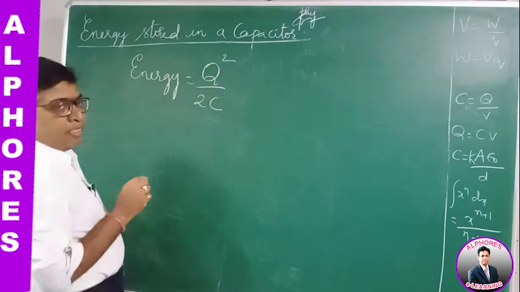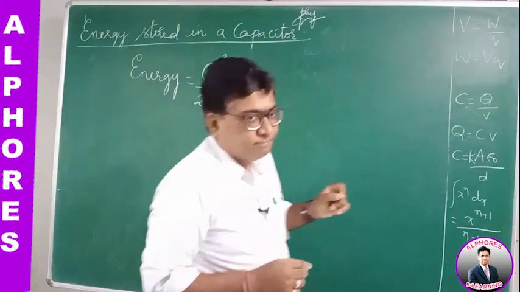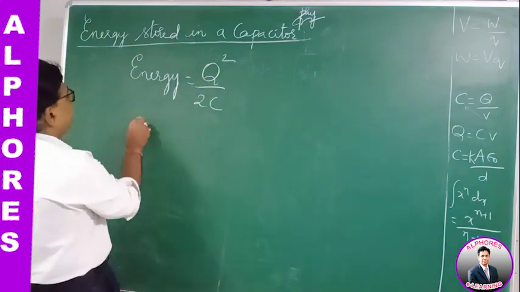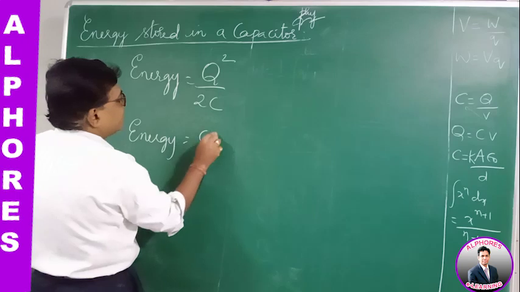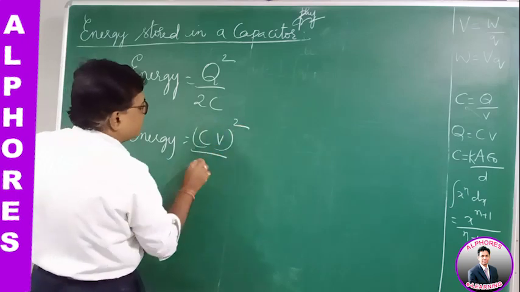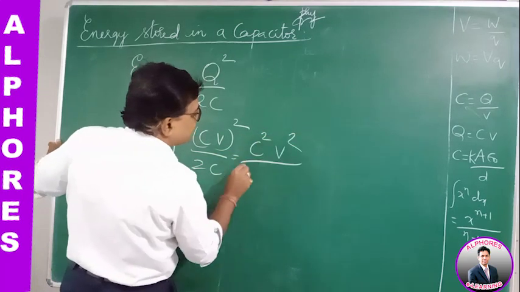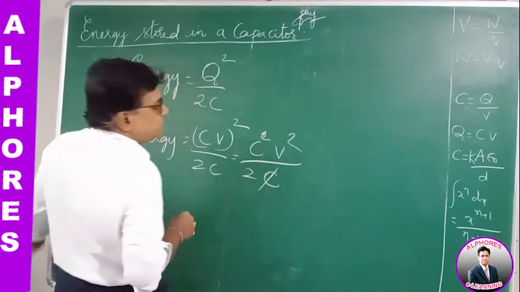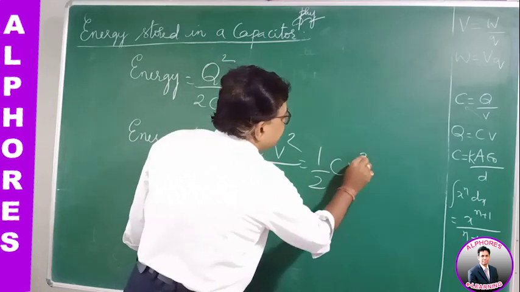We know Q is equal to CV. So substituting Q equals CV, this energy I get as (CV) whole square by 2C. Expanding, this is C square V square by 2C. One of the C is cancelled, so I get half CV square.